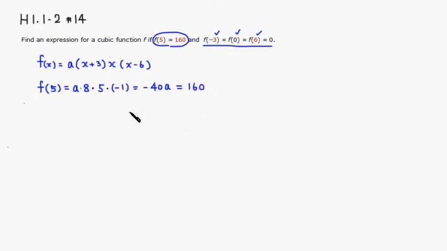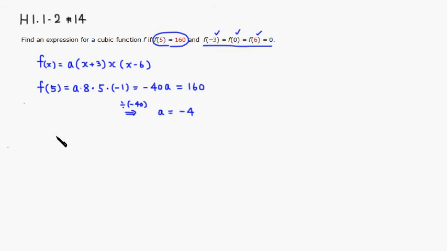So we can easily isolate a by simply dividing through by -40. So a is equal to 160 divided by -40, which is -4.